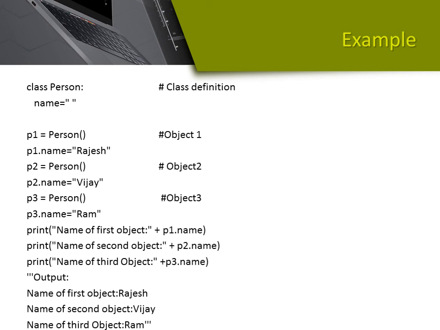Then we can display their values by using the same dot operator, p1.name, p2.name, p3.name. So in the output we can see names of different objects displayed.